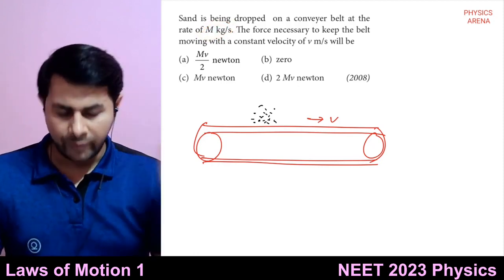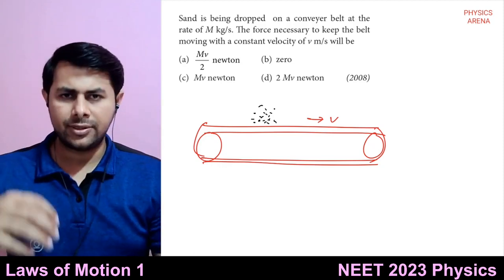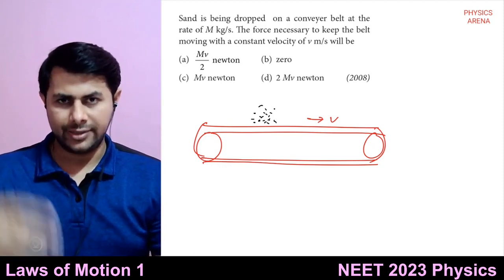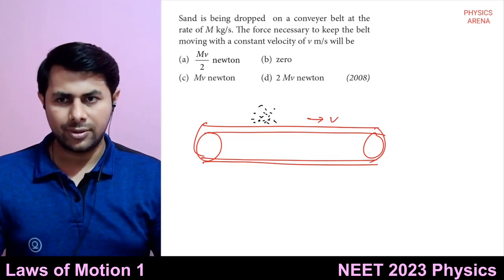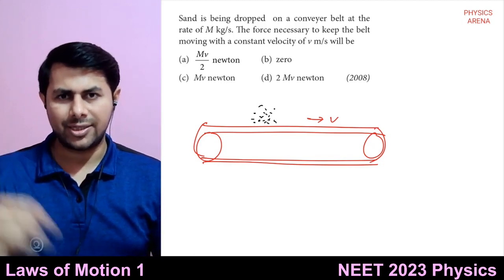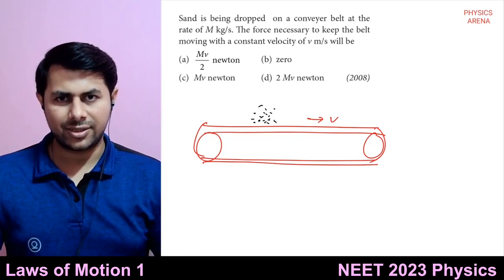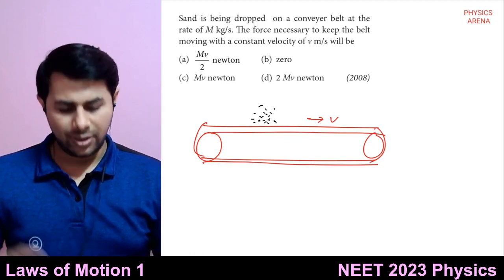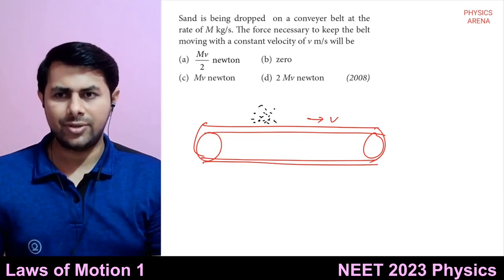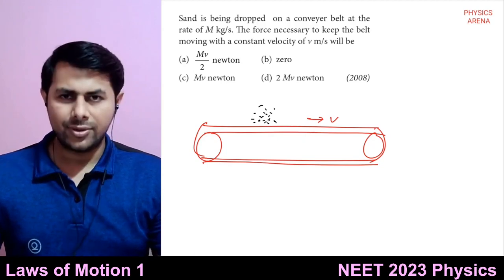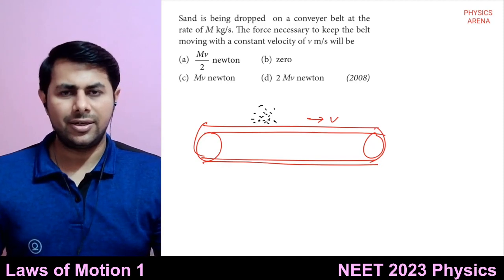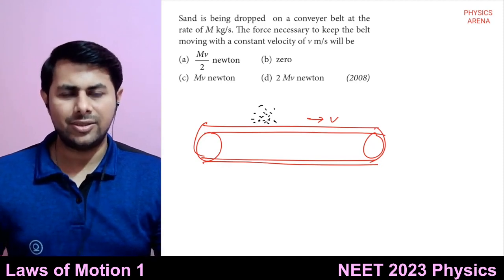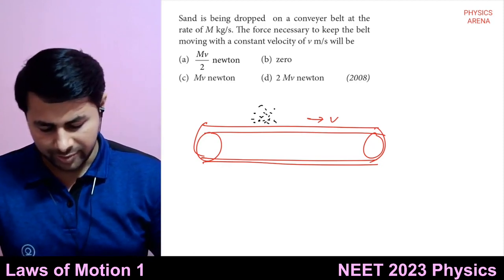What will happen due to this extra mass? The belt will slow down, right? The extra mass is being deposited, so mass is changing. You don't want it to slow down, so you will keep on exerting some force such that its speed remains constant.